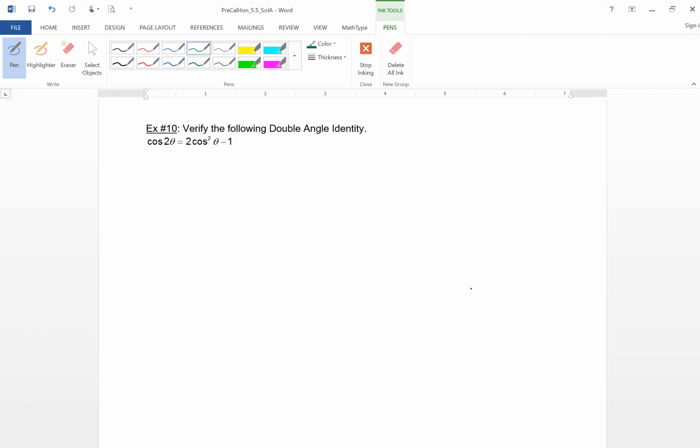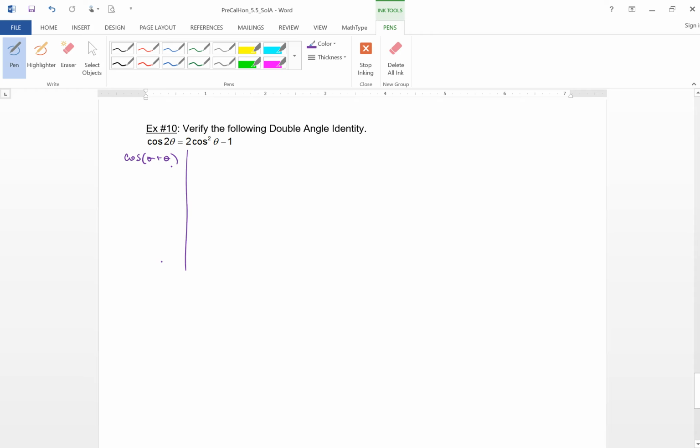Now, suppose you're majorly skeptical and you don't believe that identity and you want to prove that the Greeks got it right, okay? So let's see, did they get it right? Well, we can prove this one, because what's cosine 2 theta, really? It's really cosine of theta plus theta, right?